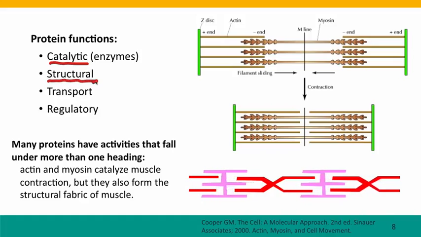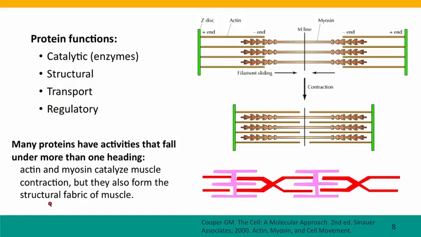Proteins also function in transport, in moving molecules in and out of cells and around in our bodies. And of course, we've already talked quite a bit about how proteins can function in regulation, especially by recognizing and binding to particular DNA sequences.